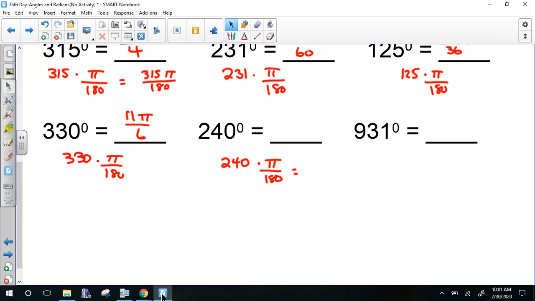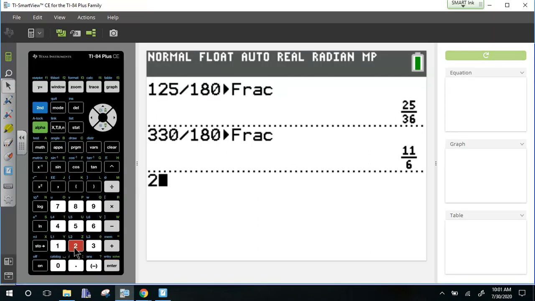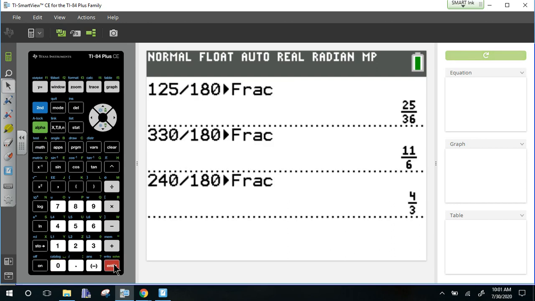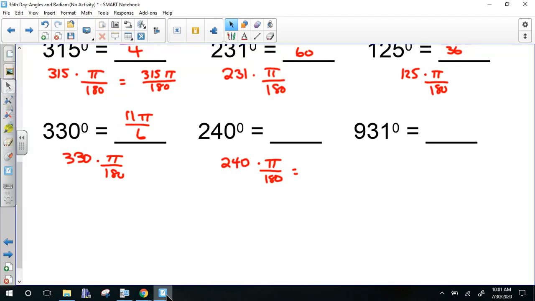Next one, 240. Go back to our calculator. 240 divided by 180. Math, enter. And we get 4/3. So this would be 4 pi over 3.